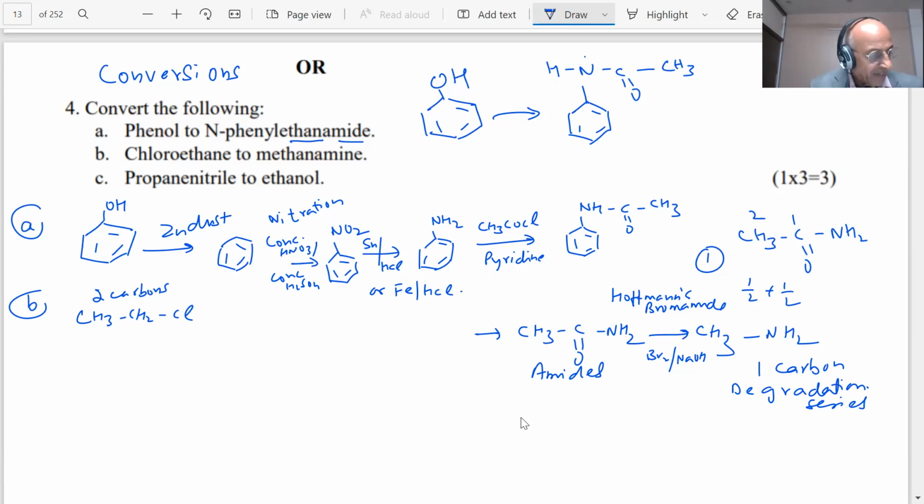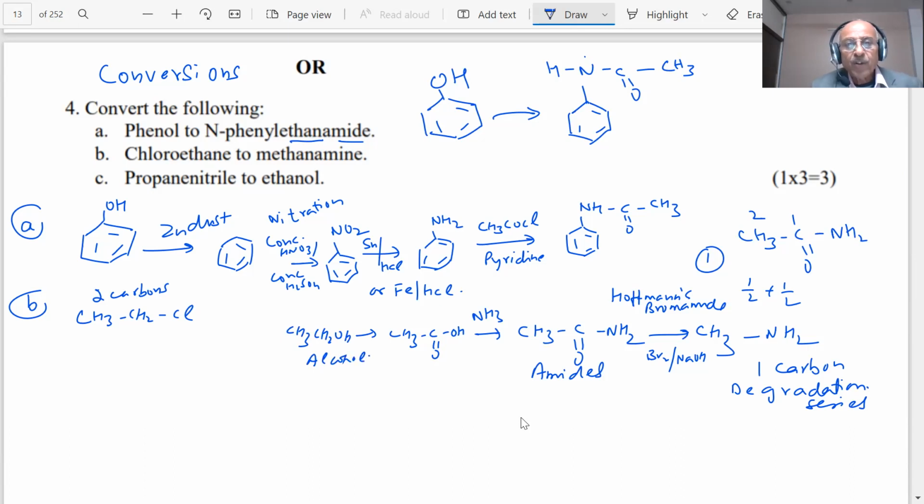You know that if I can convert this into CH3, C double bond OH, and I react this with ammonia, then what will happen? If I react with ammonia, I can get an amide. Now, how will we get carboxylic acid? We can use CH3CH2OH alcohol.